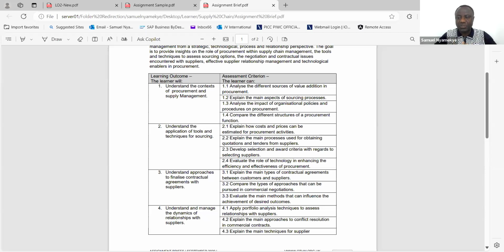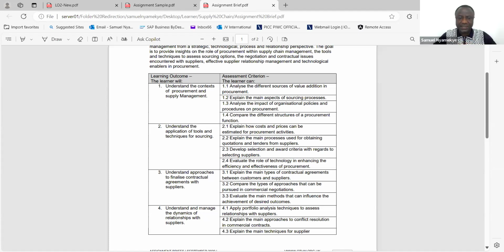If you want to create some savings, then you might have to, as a company, decide on some policies you want to put in place, and the way you implement it is by putting the procedures in place. We also mentioned the different structures. It can either be a centralized or decentralized procurement system, whether you make it consolidated or you localize it.